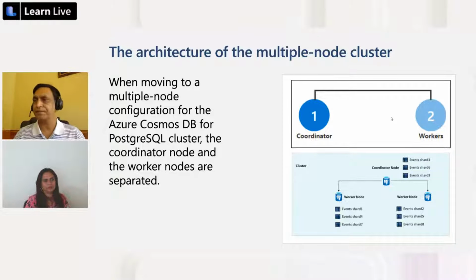Yeah, and the coordinator node is a single node on its own, and then you have the worker nodes, which are independent, as opposed to having the coordinator node and the worker nodes on the same single node. That's another difference between the multi-node architecture and the single node architecture. Another thing you want to know, like Srini said, is that if you want one, the coordinator knows to go to one.